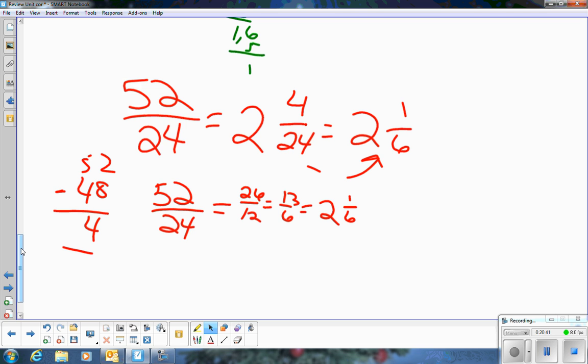Because a dozen is 12. I've made 52 cookies, and I want to give people packages of 24. How many complete packages can I make? I can make 2 complete packages, and I'm going to have 4 cookies left over to eat myself. Does that make a little more sense in a way?